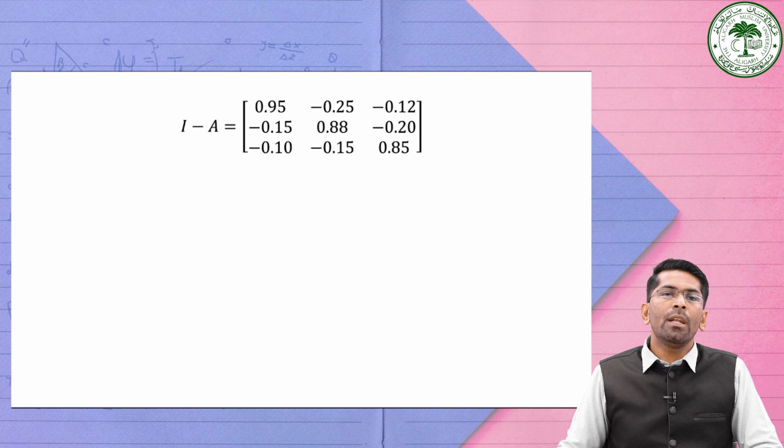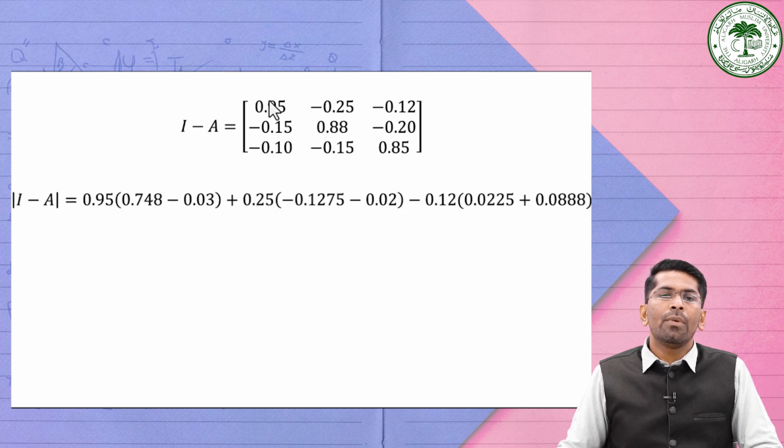So for the determinant value, take the first element, 0.95, and cross out the first column and the first row. What is remaining here? It is 0.88 into 0.85, which is equal to 0.748, then minus 0.20 into minus 0.15, which is equal to 0.03.